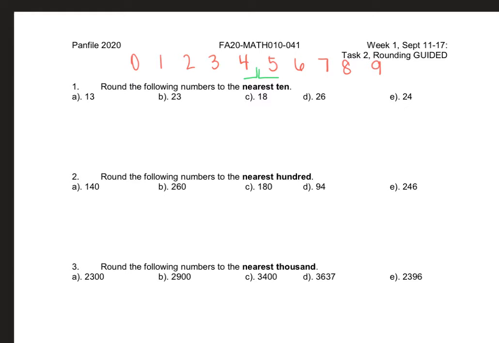Anything 4 or below, so 0, 1, 2, 3, 4, is going to keep a number the same, whereas anything 5, 6, 7, 8, or 9 is going to bump it up. I feel like that's a song.